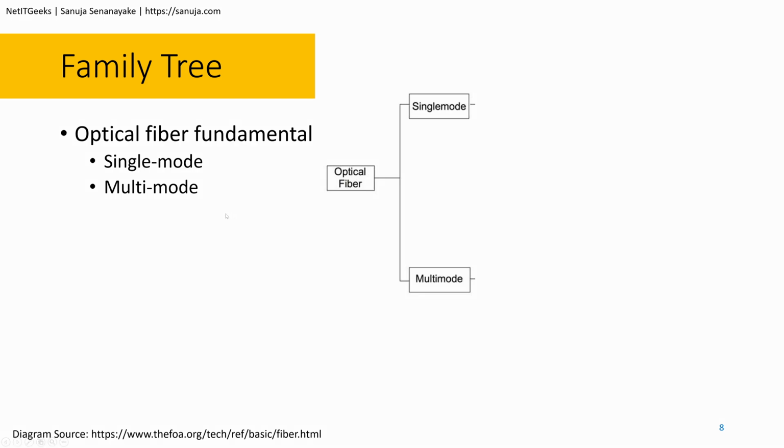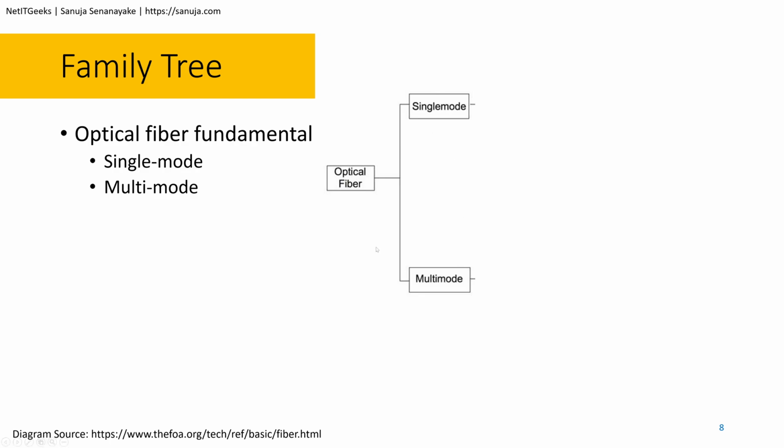I introduced in the previous slide the single mode and the multi-mode fibers. As a structured cabling person, you have the choice of selecting single mode fiber or multi-mode fiber. How do you pick one or the other and recommend it? I will go through them briefly in the next few slides.